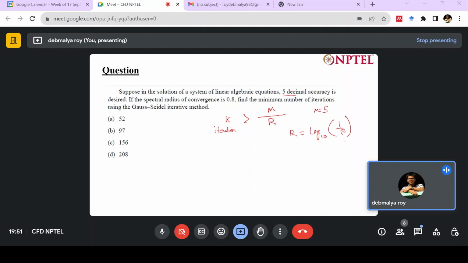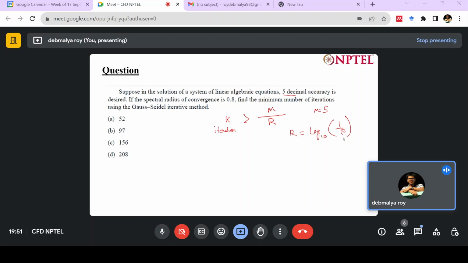However, if rho is small, then what would happen? Then we would have a higher, faster rate of convergence. So fewer iterations will be required if rho is low. When we were discussing the spectral radius, we already said that we take a conservative estimate of rho.